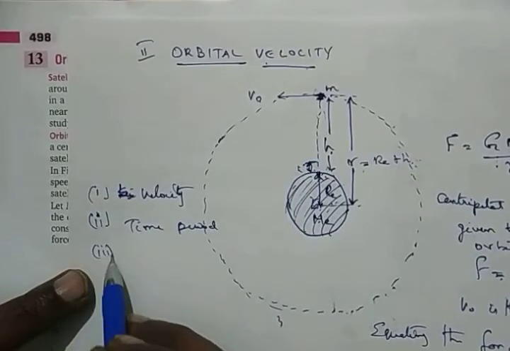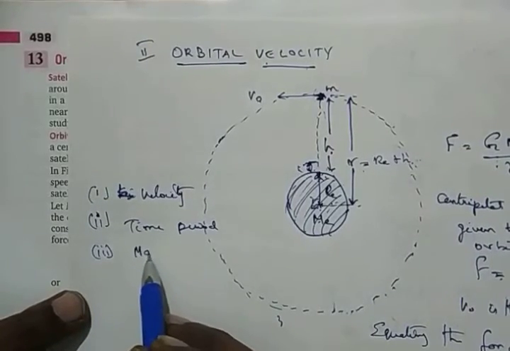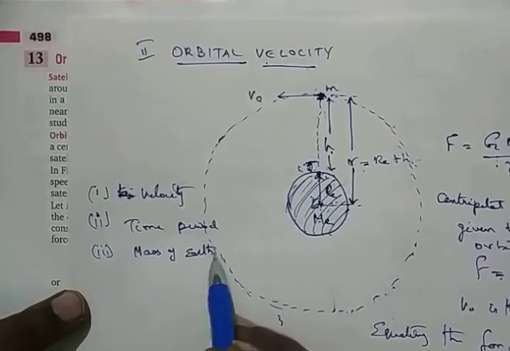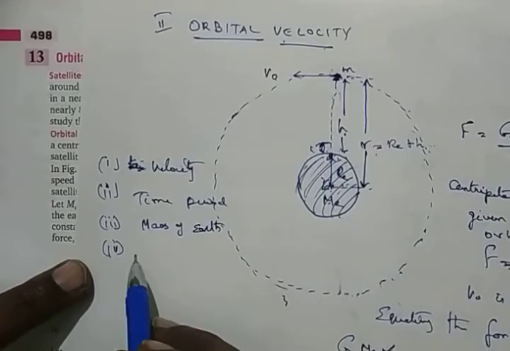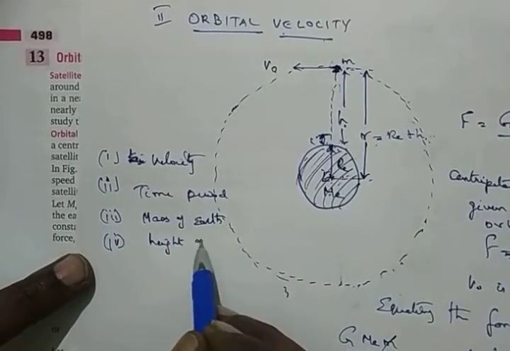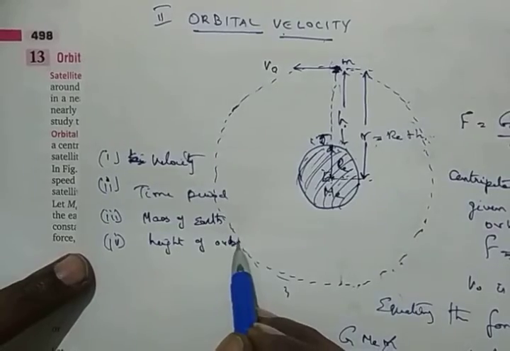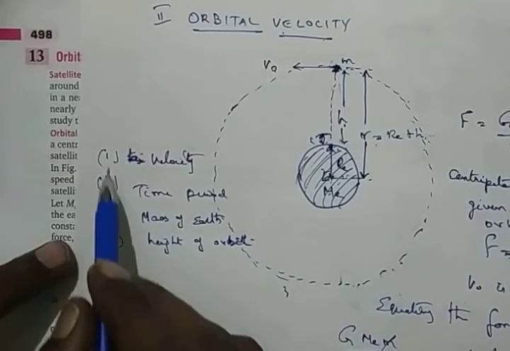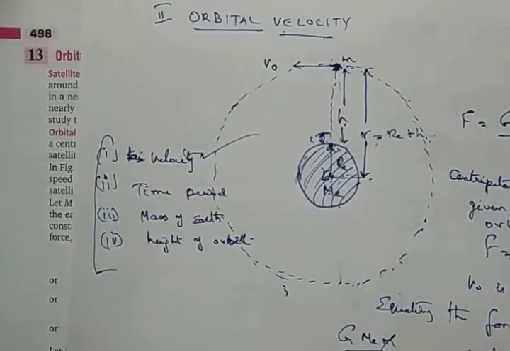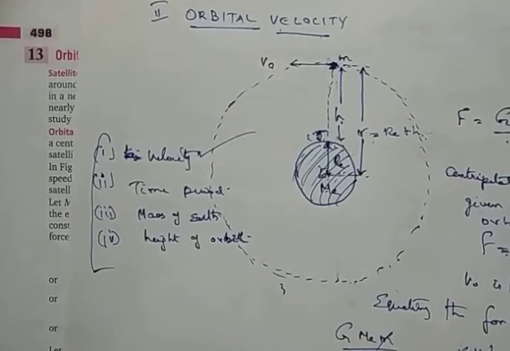Third part is the mass of Earth. Fourth part is we are going to see the height of orbit. These are the 4 subdivisions we need to do. We have done only this much. The other 3 are still left out.